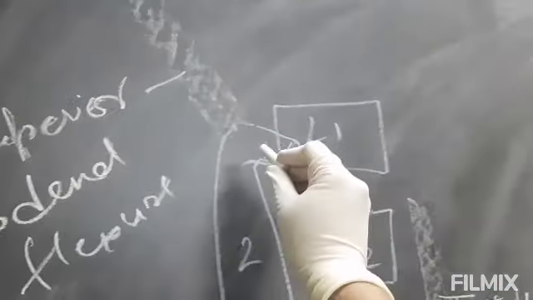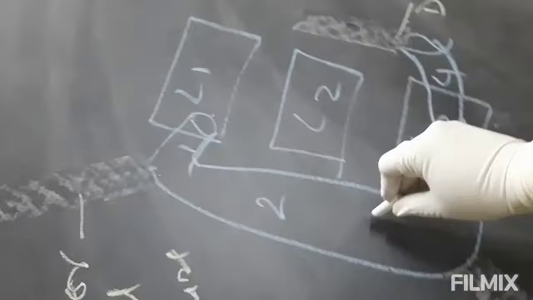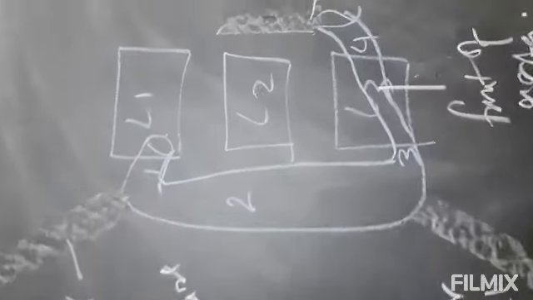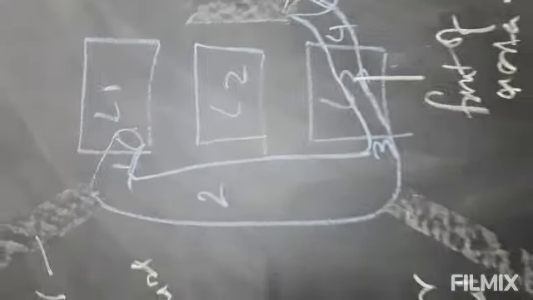From the superior duodenal flexure, it is continuous below to the inferior duodenal flexure. From the inferior duodenal flexure, the third part continues till the front of the aorta, and from the front of the aorta, the fourth part is continuous till the duodenojejunal flexure.